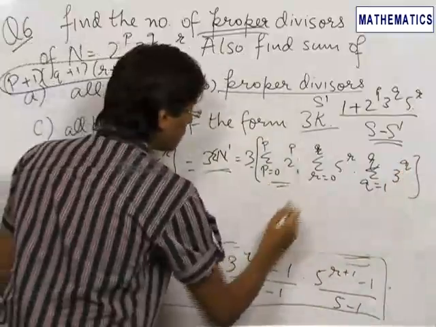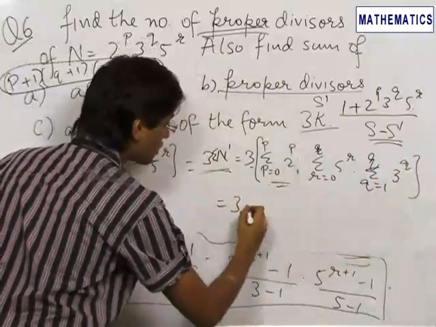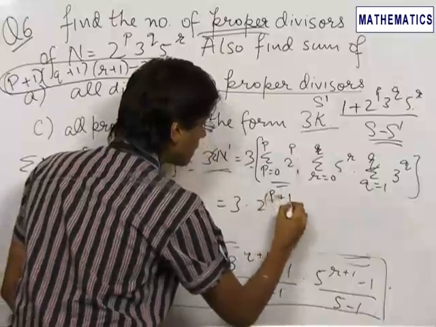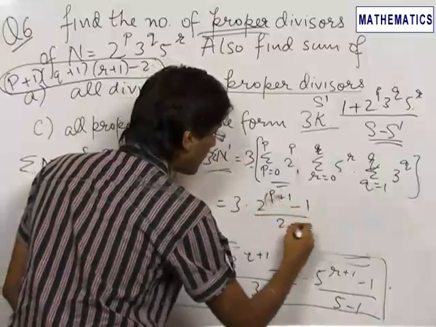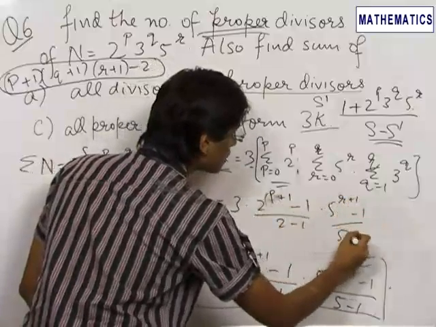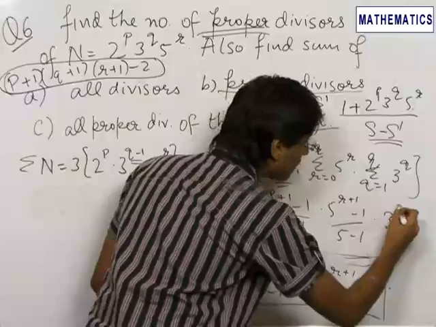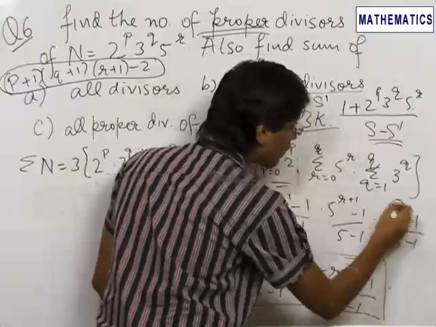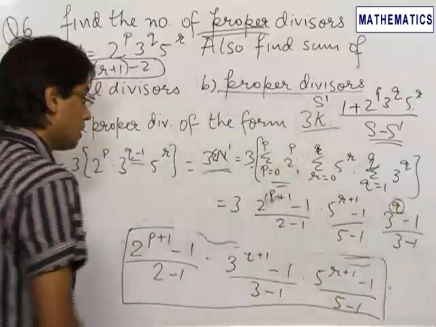Now there are p plus 1 terms over here, so the summation is 2 power p plus 1 minus 1 upon 2 minus 1 into 5 power r plus 1 minus 1 upon 5 minus 1 into 3 power q minus 1 upon 3 minus 1. Here there is q and not q plus 1.